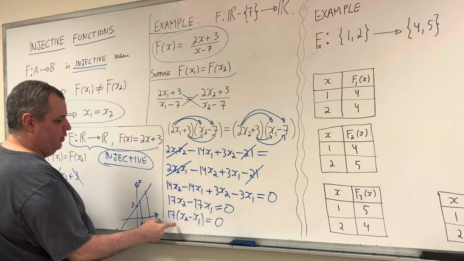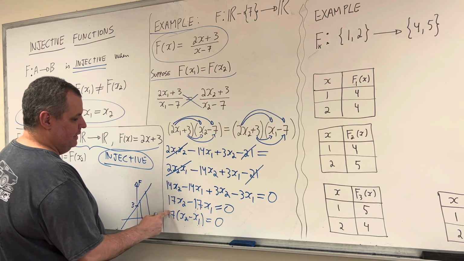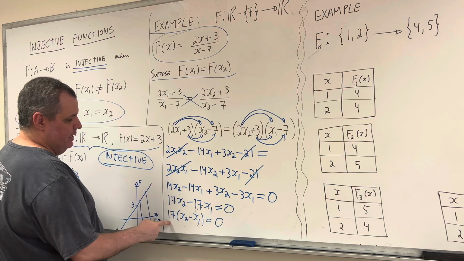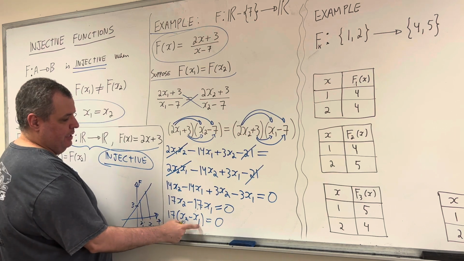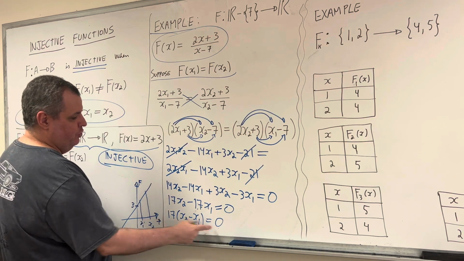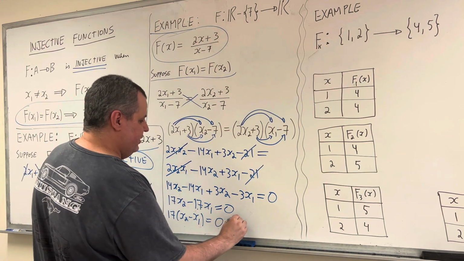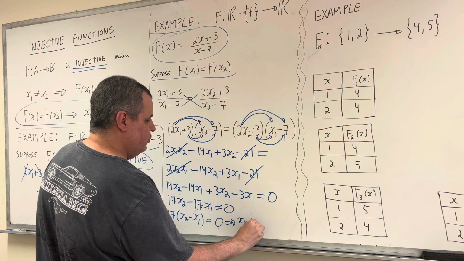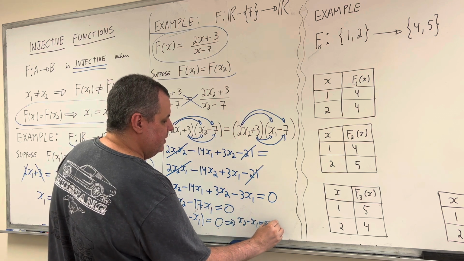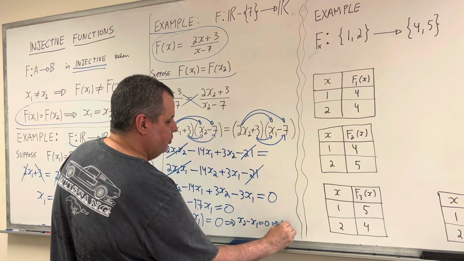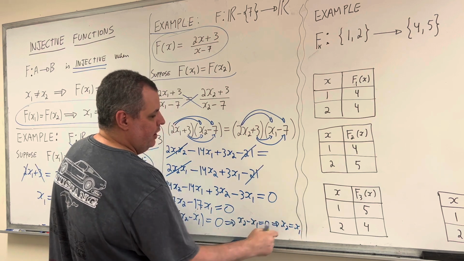And if the product of two numbers is 0, it's because at least one of the two numbers is 0. 17 is not 0, so the number that must be 0 to make the product equal to 0 is this. So from here, I discover that x2 minus x1 is 0, which means that x2 equals x1. Okay?